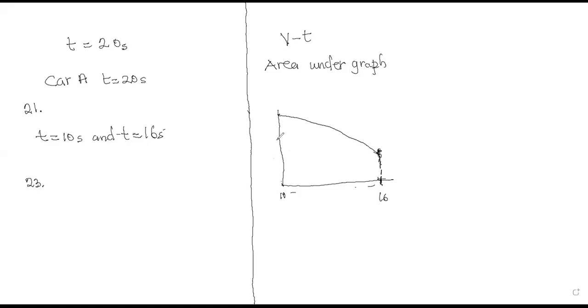So it means that for this area under the graph, the larger the area, the larger the distance that would be covered, whether it's an accelerated motion, zero acceleration, or a decelerated motion.